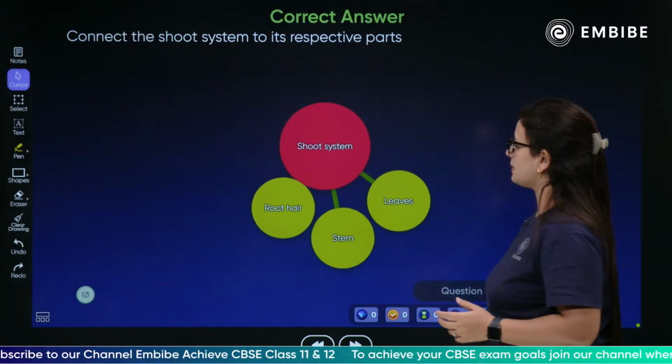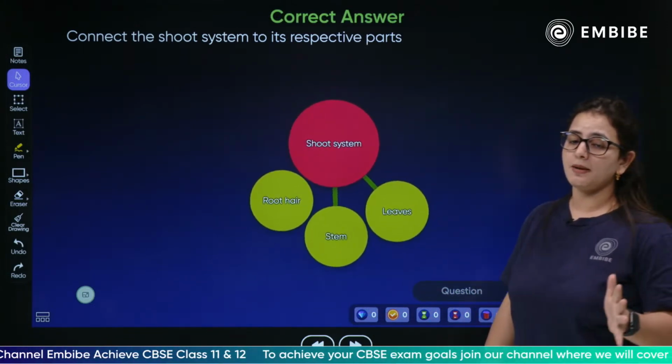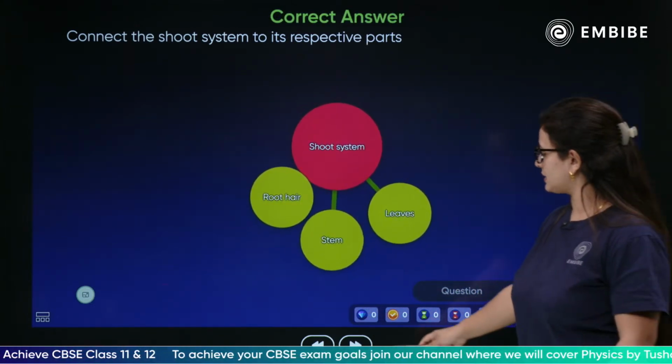Yes, the correct answer would be the shoot system includes the stem as well as the leaves. That's what we have discussed.